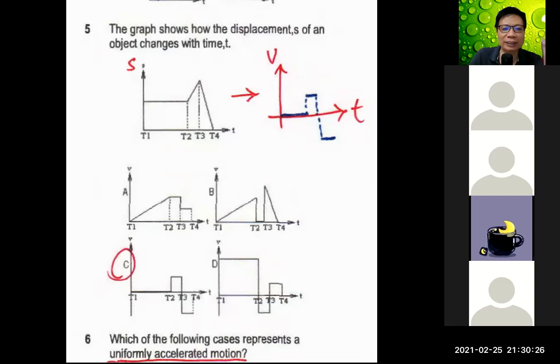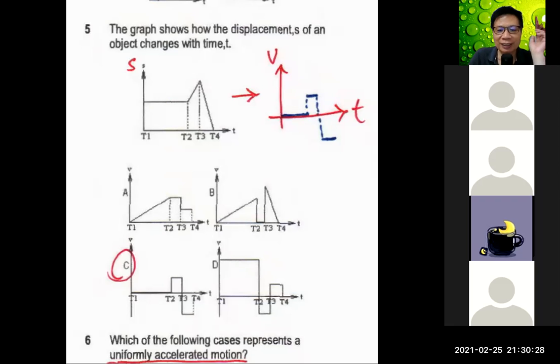Jiahe say B. Jiahe, are you sure it's B? Now Jiahe change. Now Lai Wei Ho say A. Now got 3 different answers. I don't know which one correct. So many come out already.